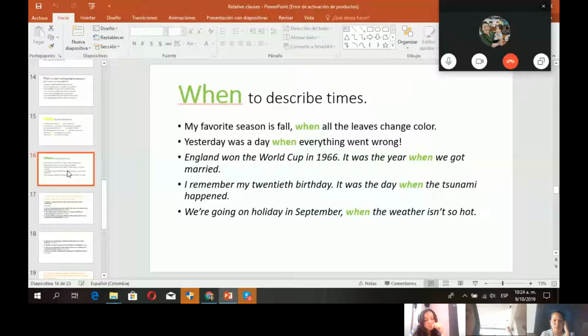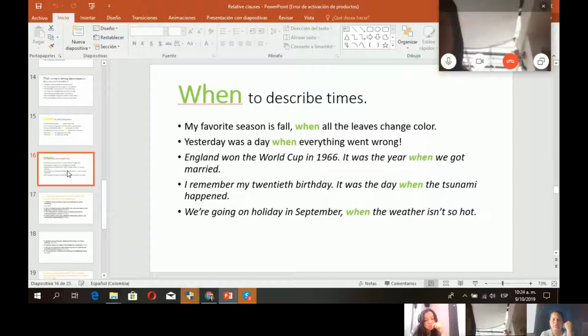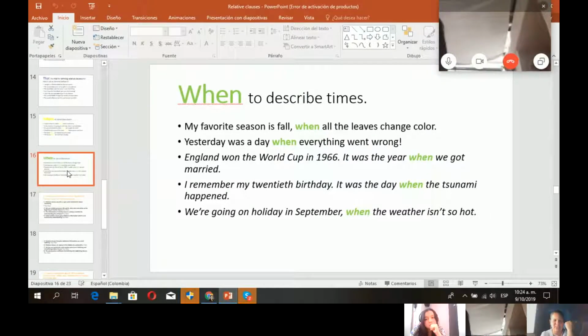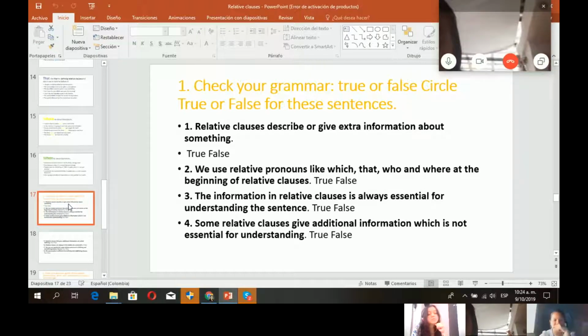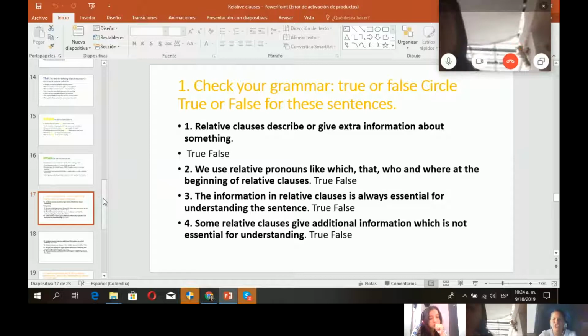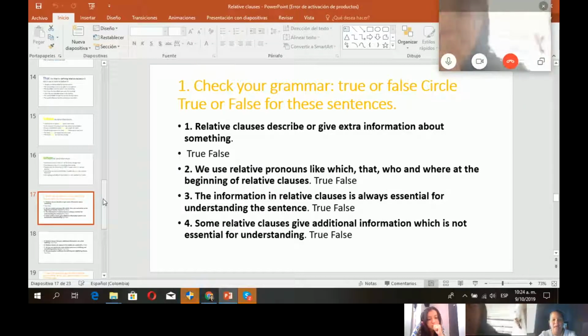We are going on holiday in September, when the weather isn't so hot. Okay, very good. Check your grammar: true or false, circle for these sentences. But first I'll show you a video about this topic.